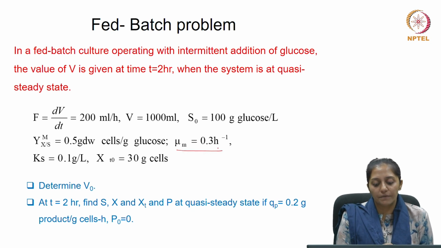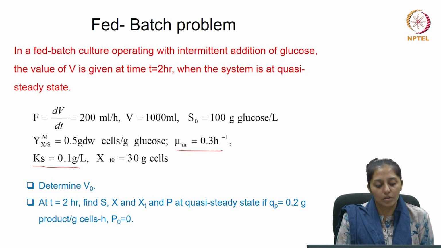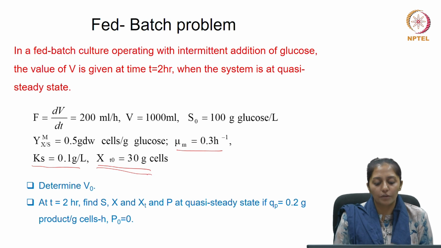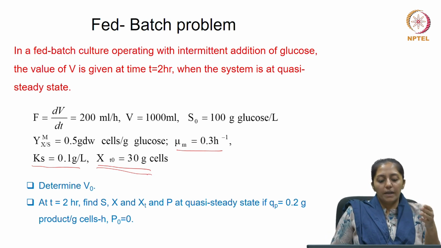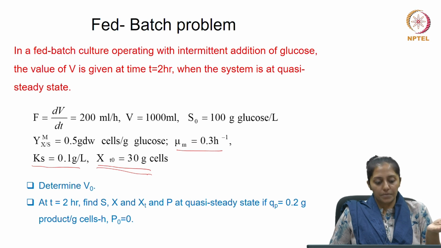The maximum specific growth rate of the culture is 0.3 hour inverse. The Monod saturation constant is also given to us, 0.1 grams per liter, which indicates that the culture is following Monod's model. And the initial amount of cells when this fed batch at quasi steady state started was 30 grams.